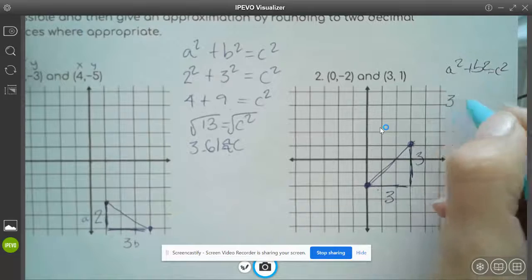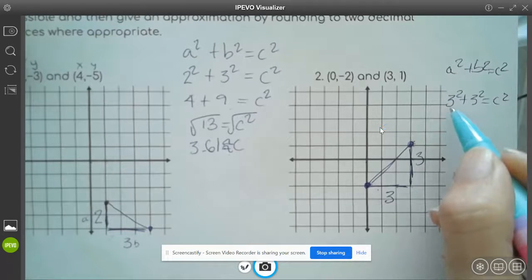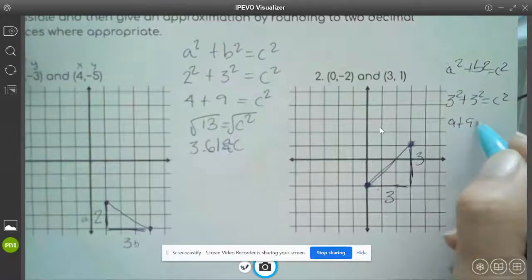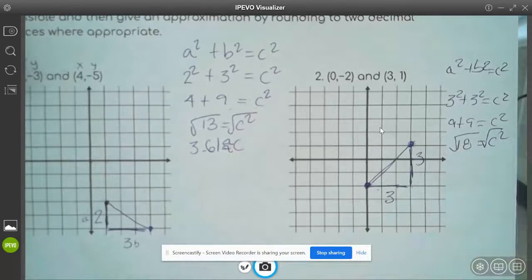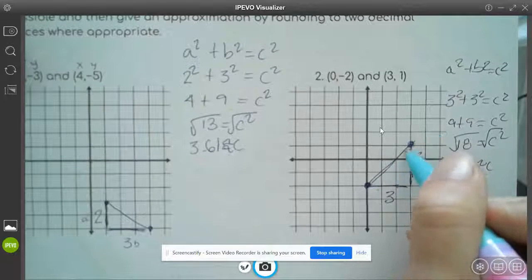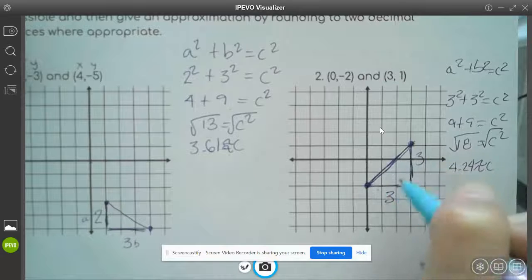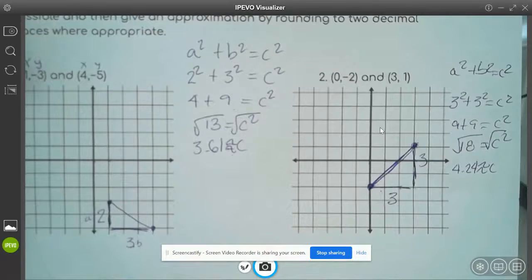Then we have 3 squared plus 3 squared equals c squared. And then we have 9 plus 9 equals c squared. 9 plus 9 is 18 equals c squared, and then you take the square root. Square root of 18 is 4.24. So it's c approximate 4.24. And then that makes sense because this side has to be bigger, the hypotenuse. And this one too, right? It had to be bigger than 3, the longest side.